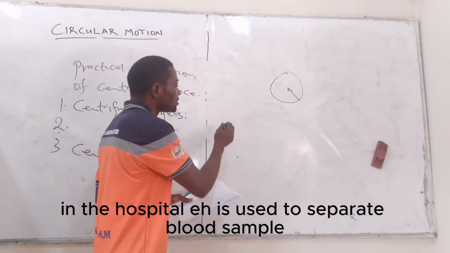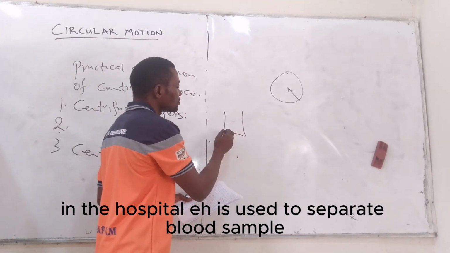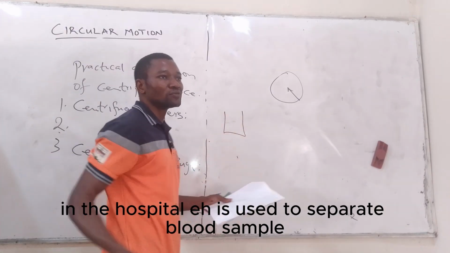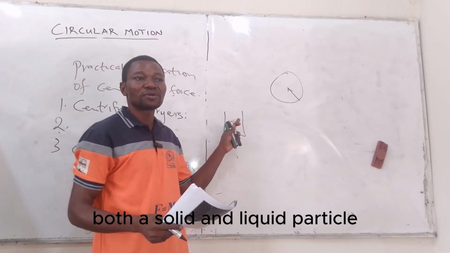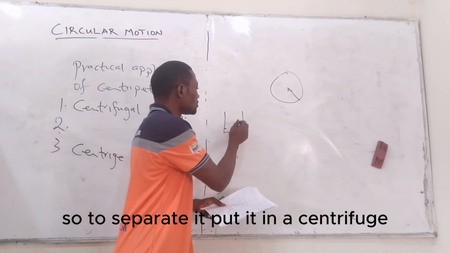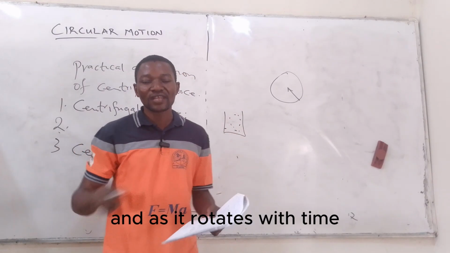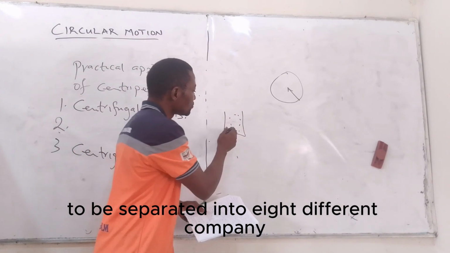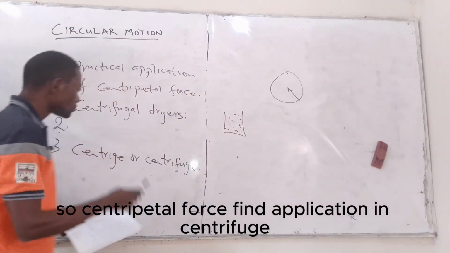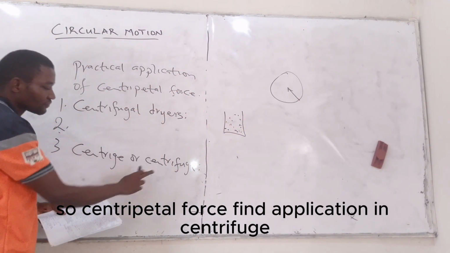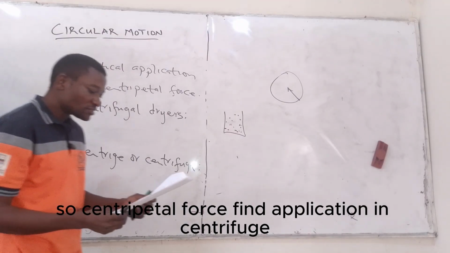For instance, in the hospital, it is used to separate blood samples, because blood is made up of both solid and liquid particles. So to separate it, you put it in a centrifuge, and as it rotates with time, it will be separated into each different component. So centripetal force finds application in the centrifuge.